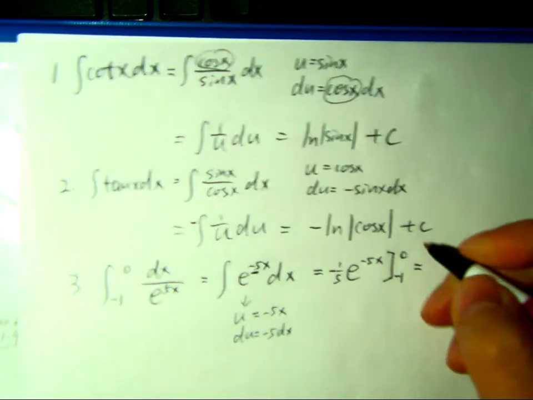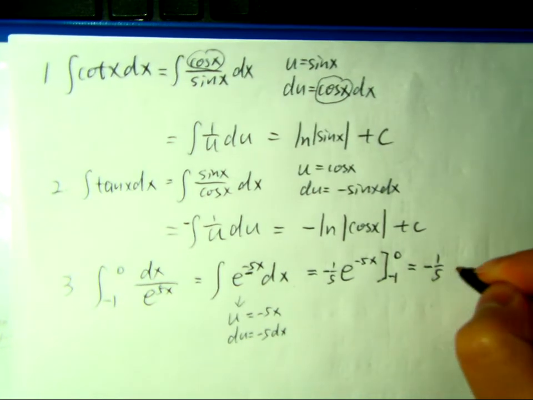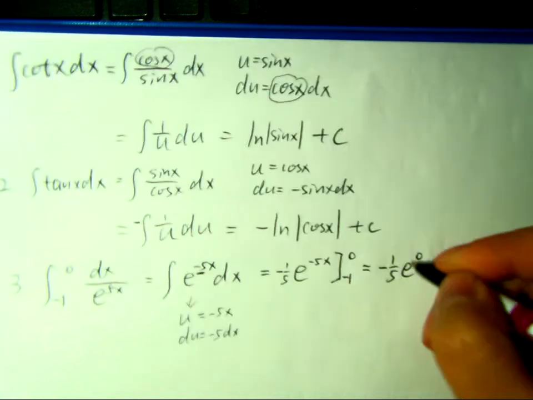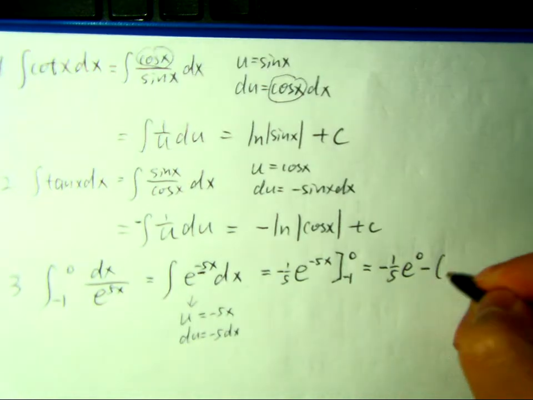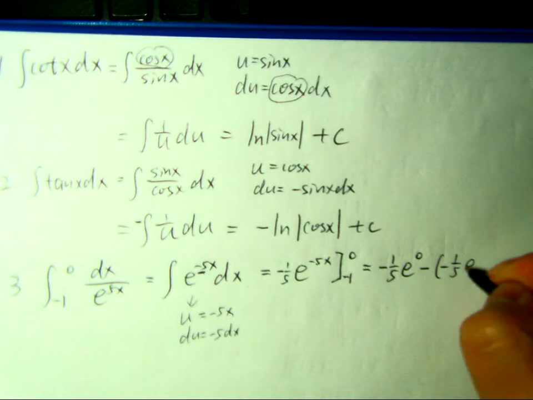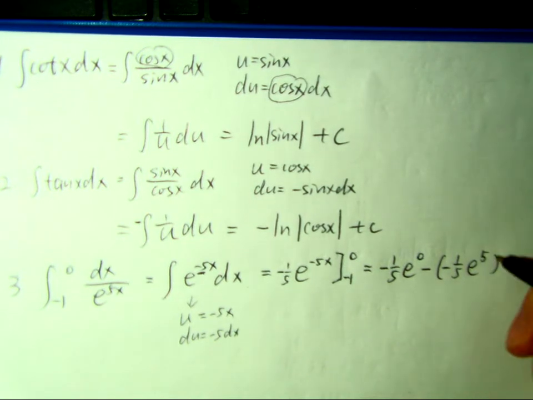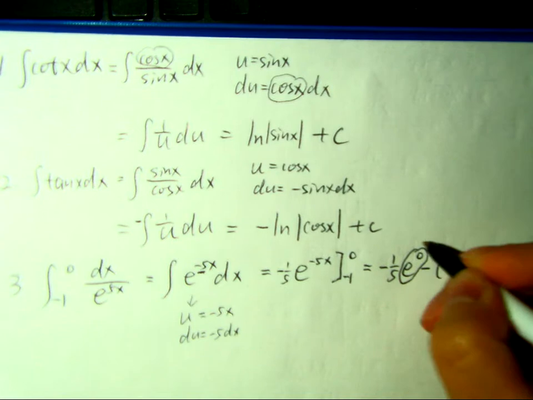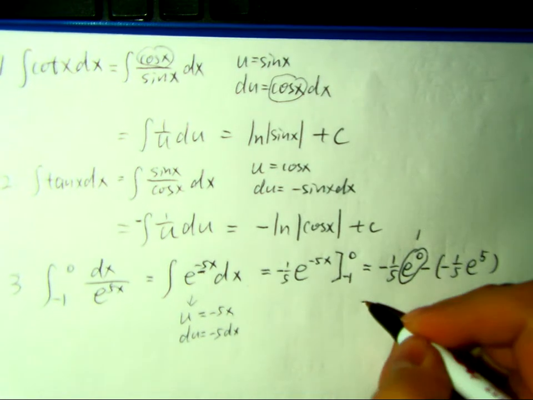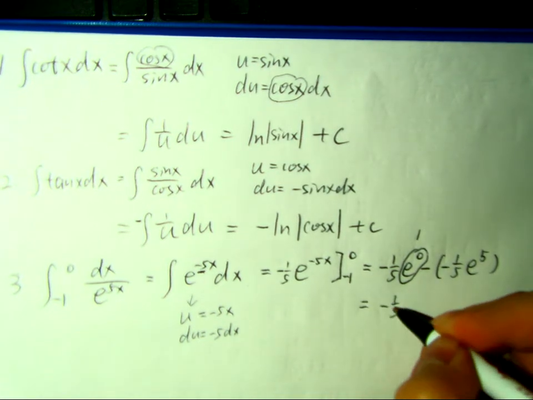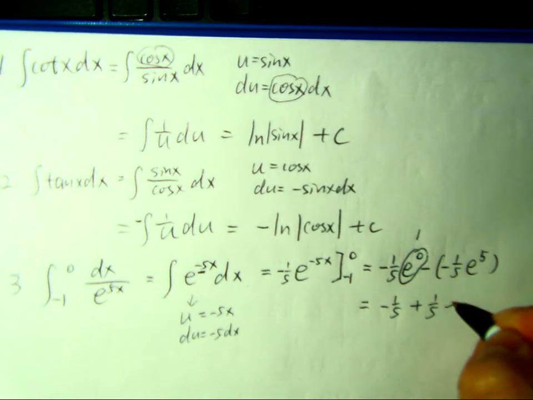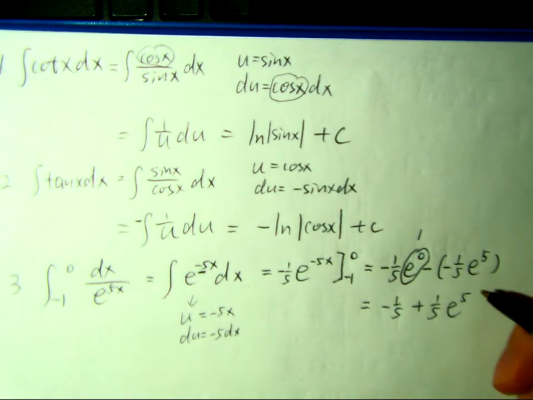So I plug in the limits, that will be negative 1 over 5 e power 0, subtract negative 1 over 5 e power 5. And e power 0 is 1. So we will have negative 1 over 5 plus 1 over 5 e power 5. That would be the answer.